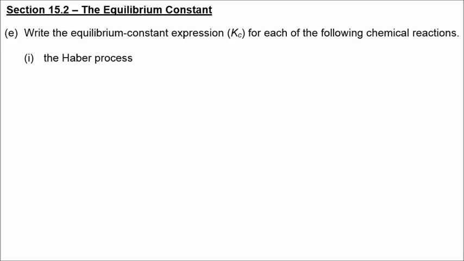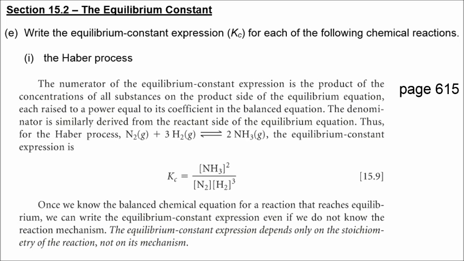The Haber process is the formation of ammonia, NH3, from the elements hydrogen and nitrogen. So that reaction has 2 moles of ammonia on the product side, 1 mole of nitrogen gas, and 3 moles of hydrogen gas on the reactant side.